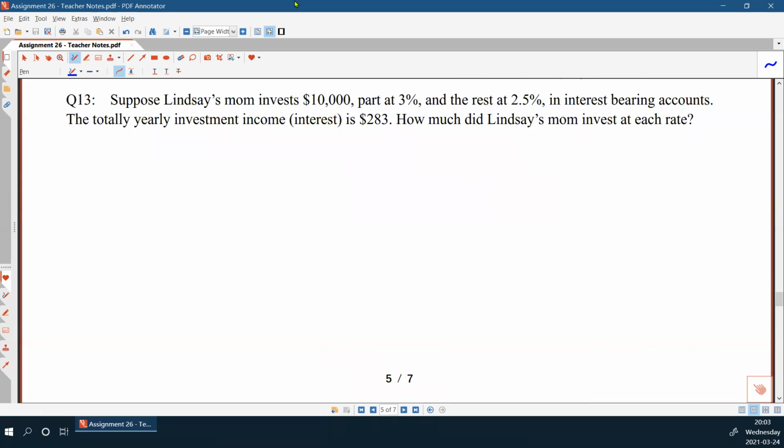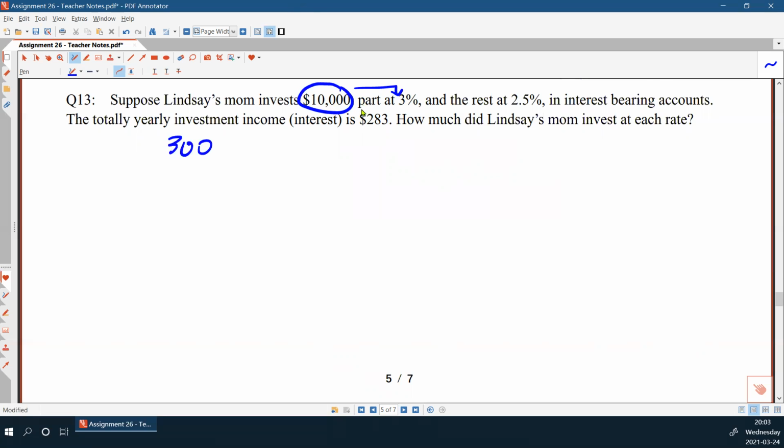How much did Lindsay's mom invest at each rate? Okay, so what does this mean? If you invest 10,000 only in the 3%, how much will you get there? You will get 300, right?